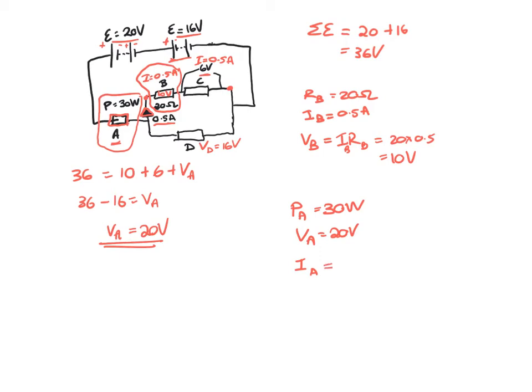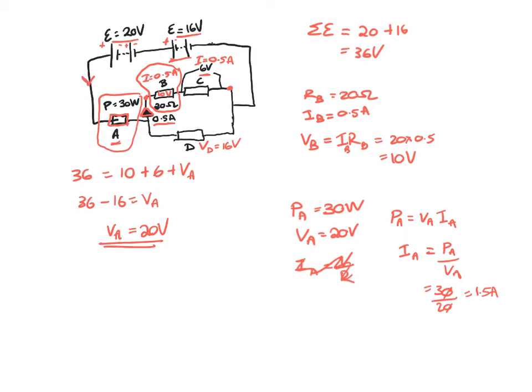I'll show you both. You have power of A is equal to VA times IA. So I can rearrange for I, which leaves me with P over VA, which is 30 divided by 20, which is 1.5 amps.